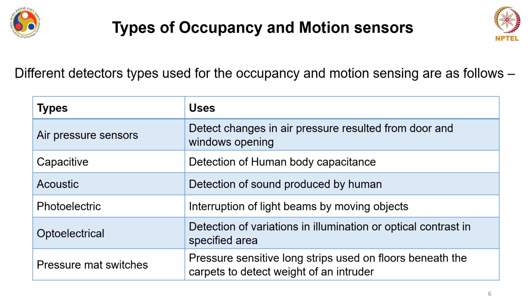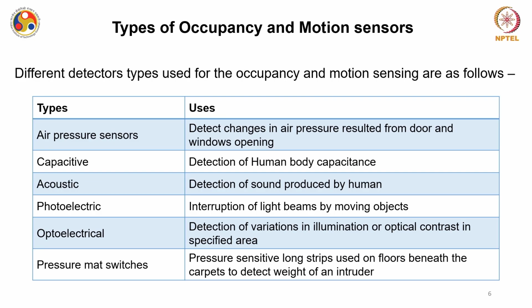There will be some interruption of the beam. Photoelectric devices can detect these interruptions and tell about occupancy or motion. Then you have optoelectronic devices which detect the variation in the illumination or optical contrast in a specific area. We will discuss optoelectronic devices in this module in more detail.